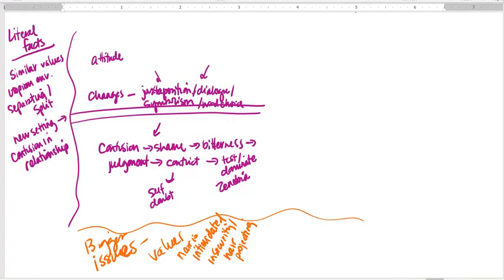Okay, so now I've got the trunk of my tree, and I need to think about how I want to organize this. One of the things that I noticed, and I indicated it here, is that there's this progression, and it actually happens pretty much in this order.